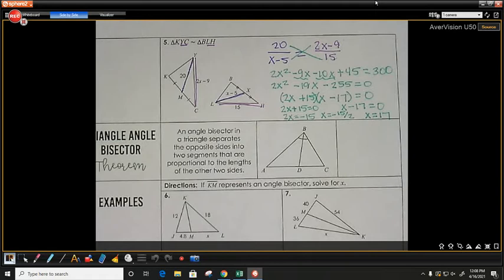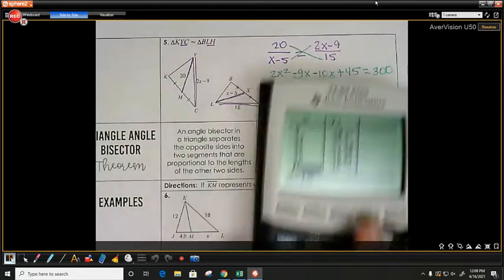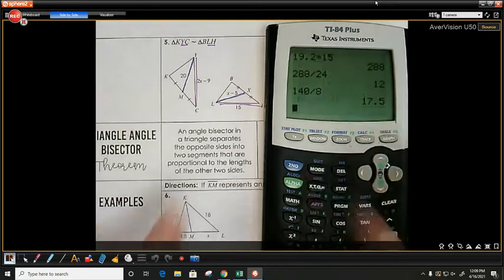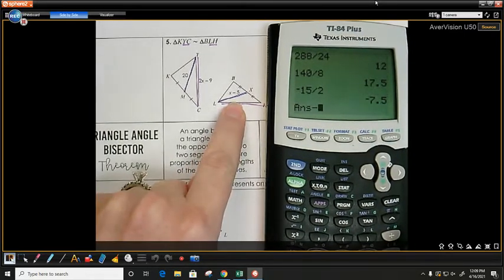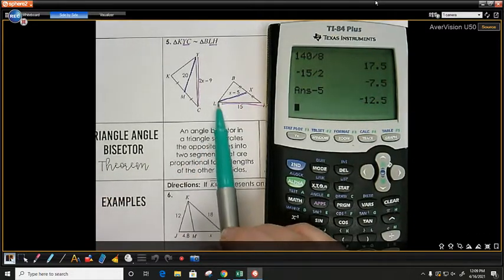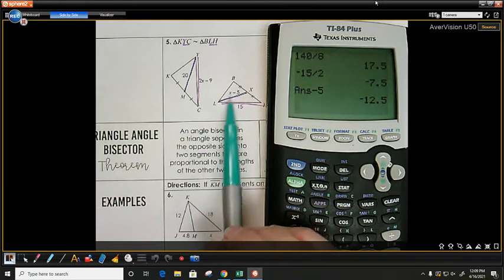Okay, so we can check our answers. Can I have x being negative 15 over 2? Well, let's see. If I do negative 15 over 2 minus 5, that would let me know that this side length, this median, is a negative value.